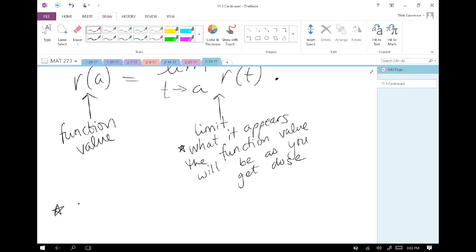If you just think of your normal functions and where they could possibly have discontinuities, a normal function we have seen since pre-calculus algebra that could have a discontinuity is a rational function. It's got asymptotes. Those are places where we have infinite limits. The limit doesn't exist.